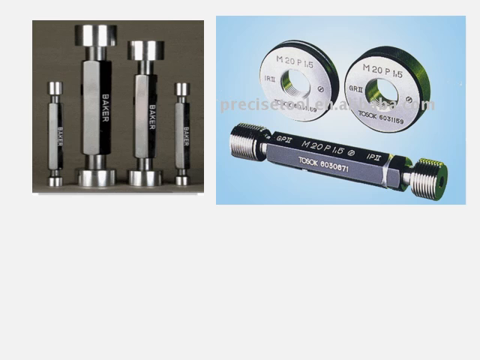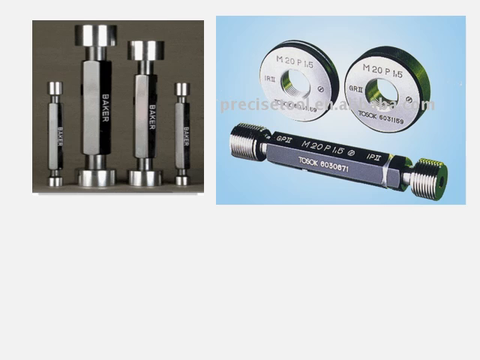Generally over the handle at the center they write something which indicates the nominal size of the plug gauge. Near one cylinder they write the maximum limit condition or the allowable diameter and the minimum permissible diameter, the minimum material condition, and the maximum permissible diameter of the hole on the other side. At the center they mention a diameter which indicates the nominal size of the hole.